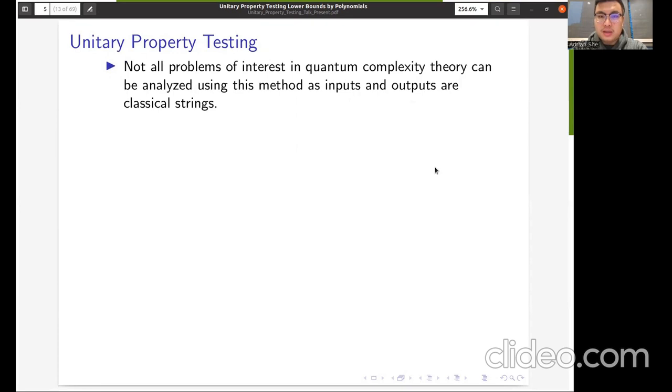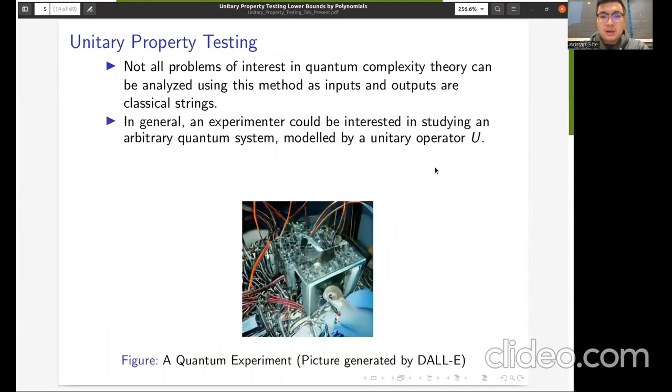However, while this method has been very useful, the inputs and outputs are still classical strings. And not all realms of interest in quantum complexity theory can be analyzed in this way. This is because, in general, an experimenter could be interested in studying an arbitrary quantum system, which is modeled by a unitary operator U. This being a matrix is quite different from a classical string.